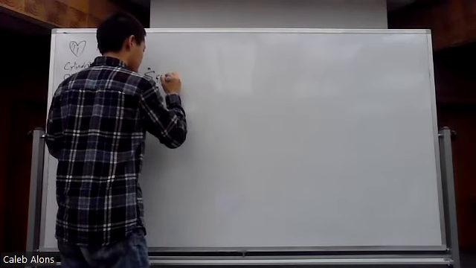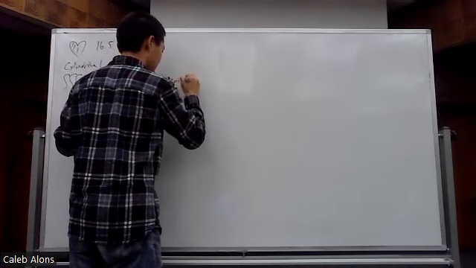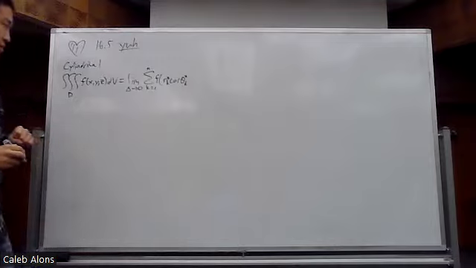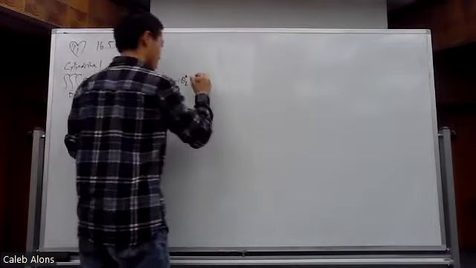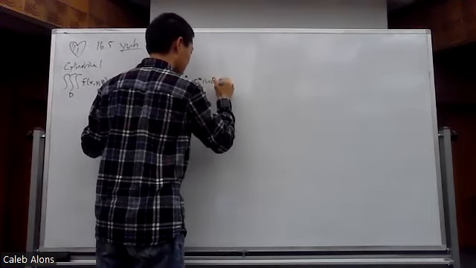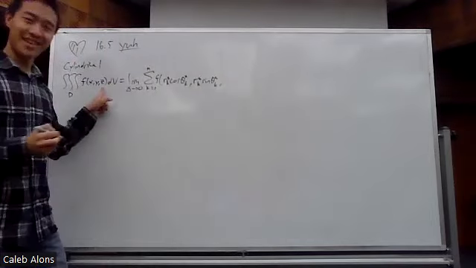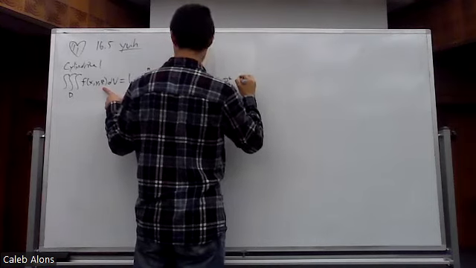So I'm going to choose some r sub k in the partition times cosine of a chosen angle sub k in the partition. And then what's y? r sine theta, choosing an r, sine, choosing a theta. And then what's z? z. So we choose a z.